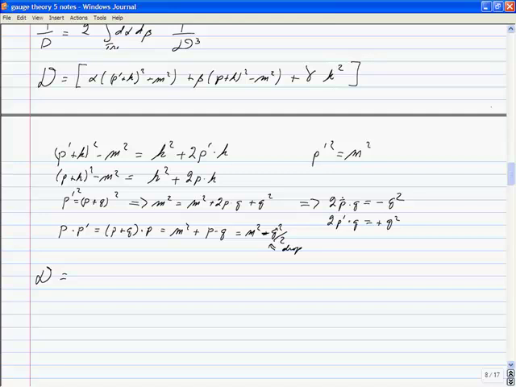There's a K squared there, a K squared there. The alpha plus beta plus gamma is 1. So it starts off with K squared. The next term is then plus 2K dot (alpha P prime plus beta P). And that's it.